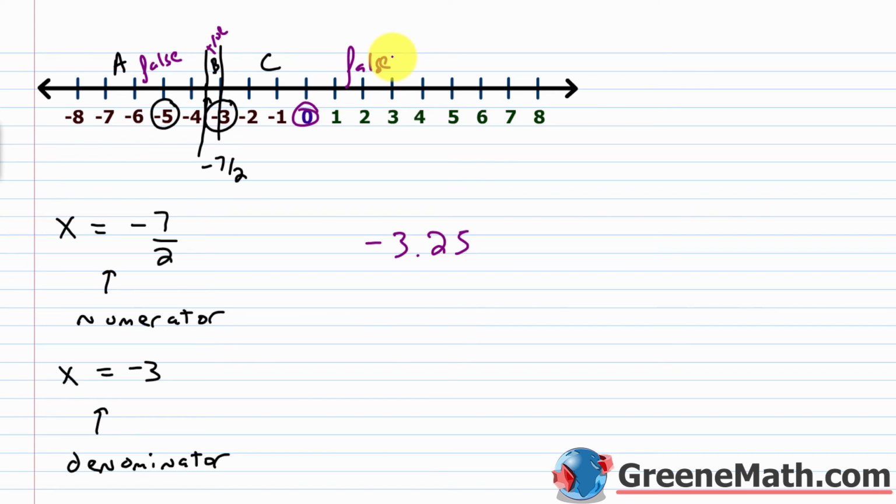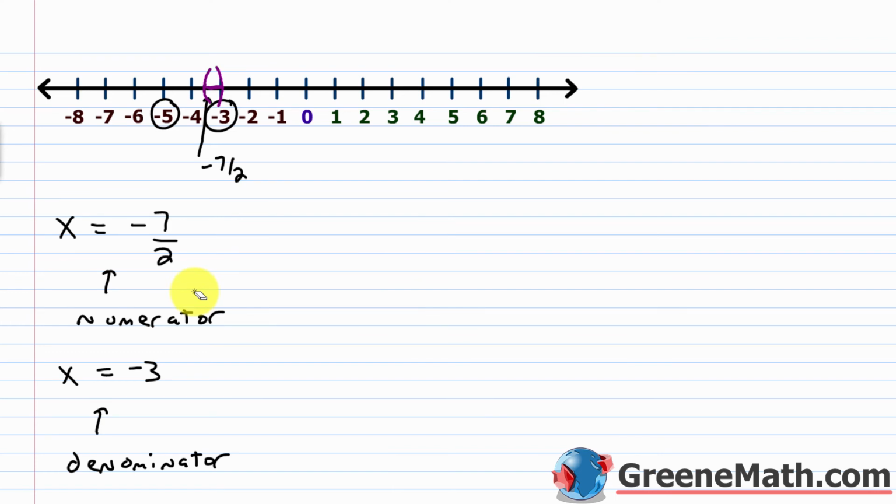We know that the endpoints, -7/2 and -3, are not included. So essentially, all we would have here is we would graph a parenthesis here at -3.5 or -7/2 facing to the right, and a parenthesis here at -3 facing to the left, and then we would just graph everything in between. So that's your graphical solution. I can erase the false and true and the A and the B and the C. Don't need any of that anymore.